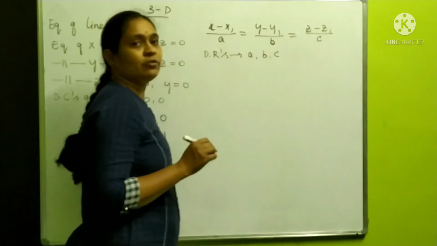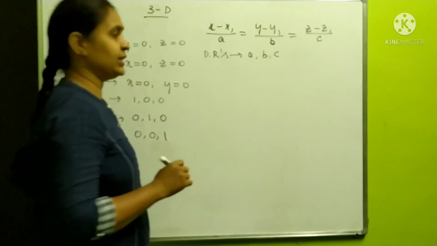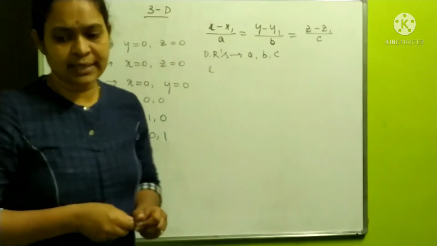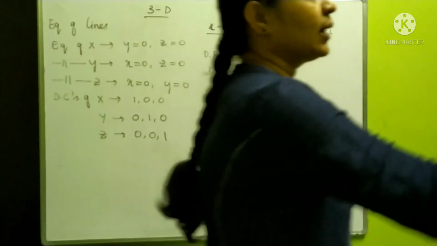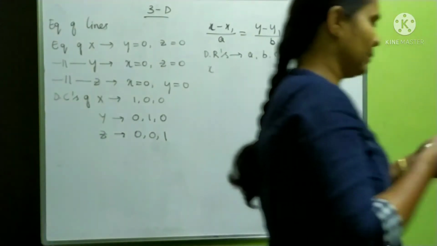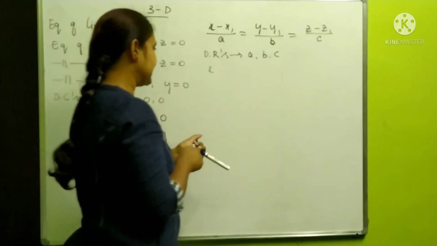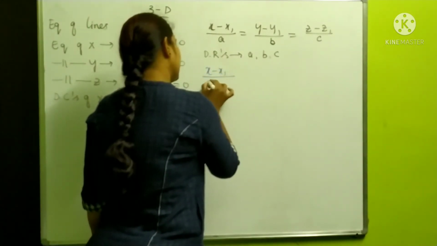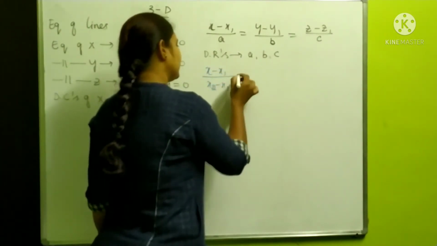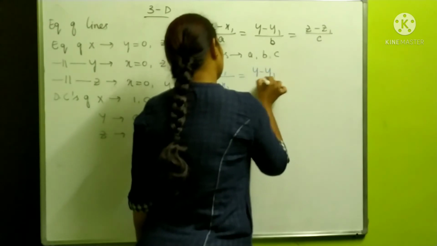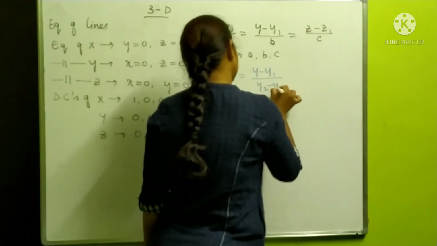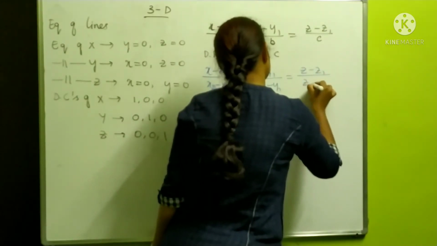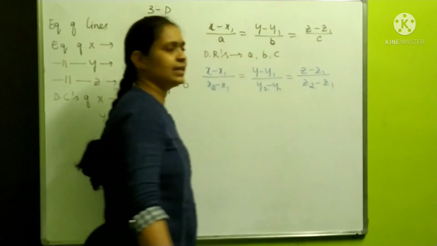Then equation of line passing through 2 points is given by, it is x minus x1 by x2 minus x1 is equal to y minus y1 by y2 minus y1 is equal to z minus z1 by z2 minus z1.